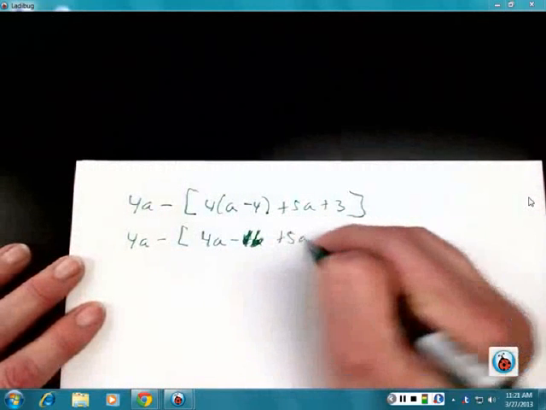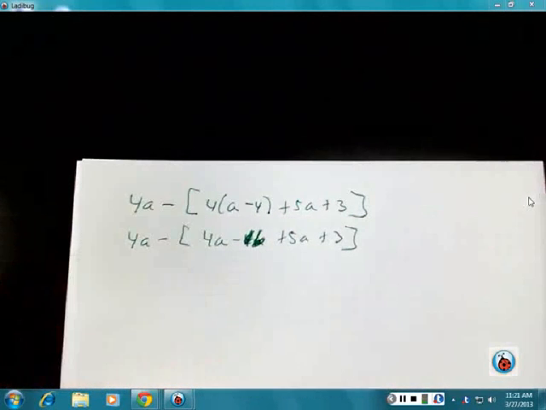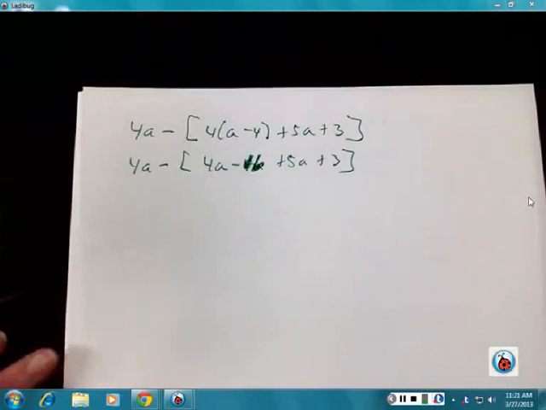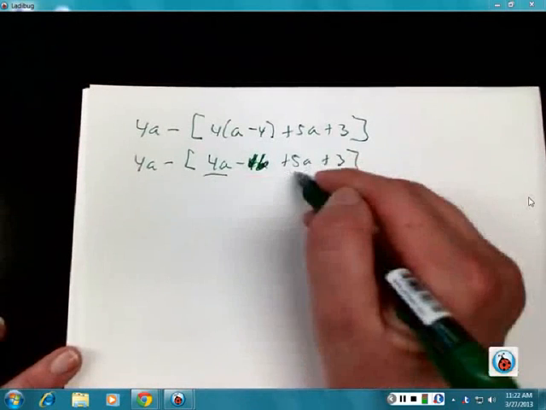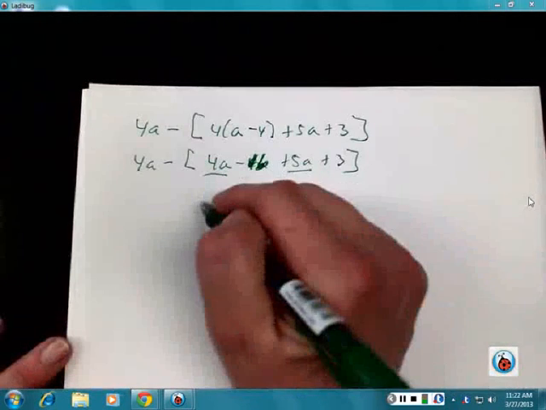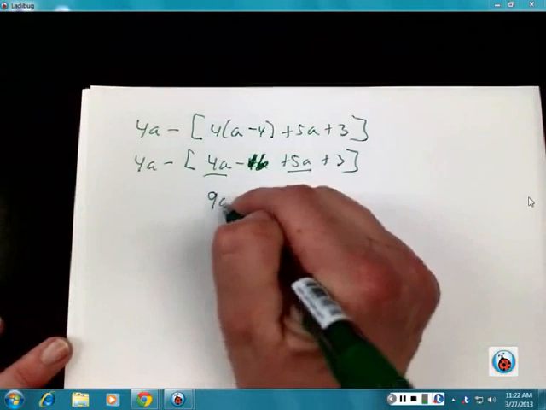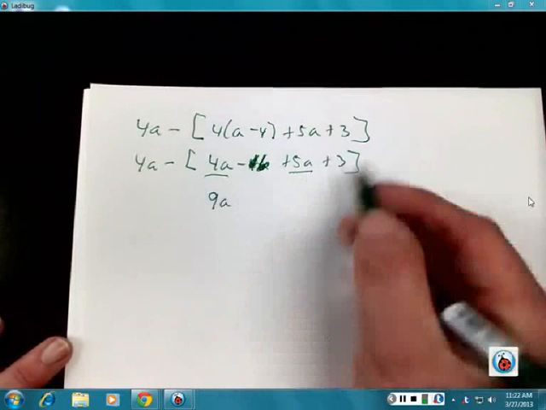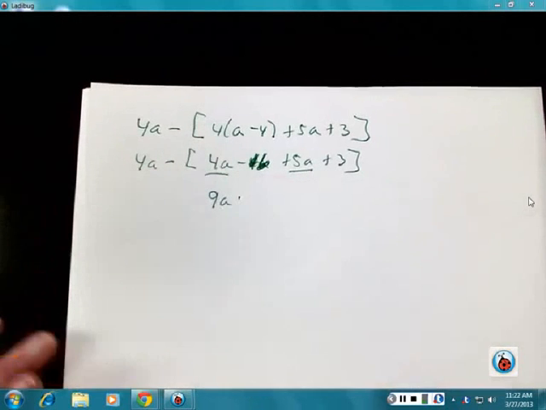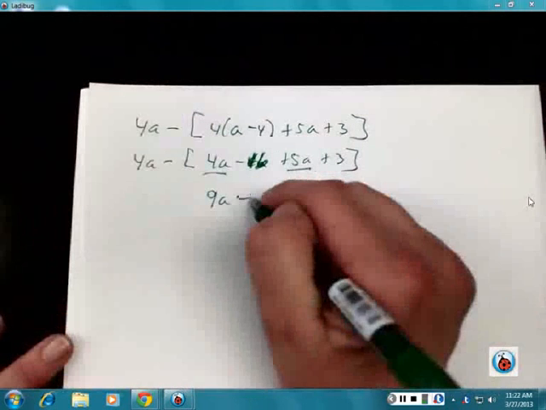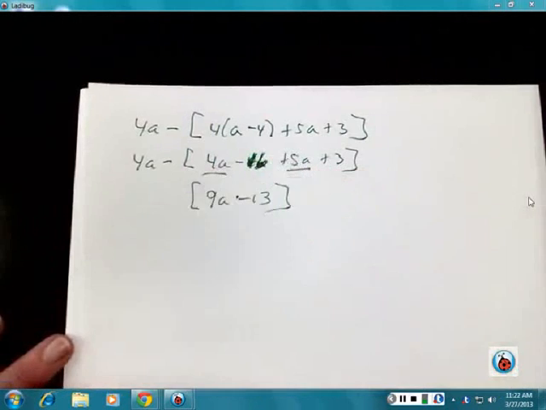Plus 5a plus 3. Now, what's inside of this bracket, what can I do with it? I got some combining in there to do, don't I? So if I combine 4a and 5a, what's that give me? 9a. Negative 16 and positive 3? Negative 13. That's still inside of brackets.